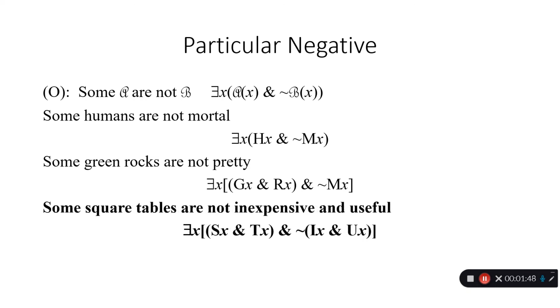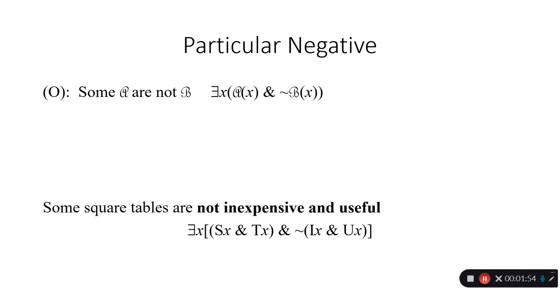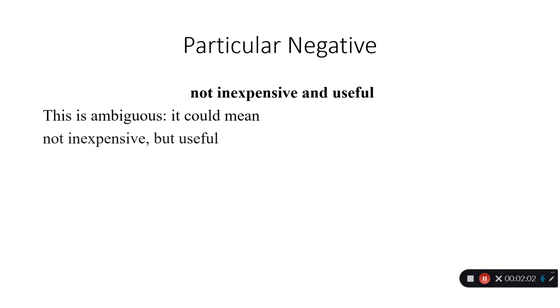So let's focus on that a little bit. Some square tables are not inexpensive and useful. Let's just put that part that contains the ambiguity at the top, and notice that it's ambiguous. It could mean that something is not expensive but it is useful. Some square tables are not inexpensive and useful might mean they're not inexpensive, but they could be useful.